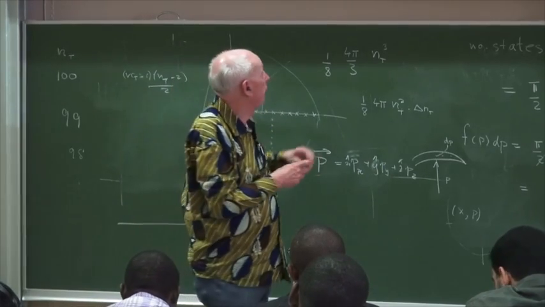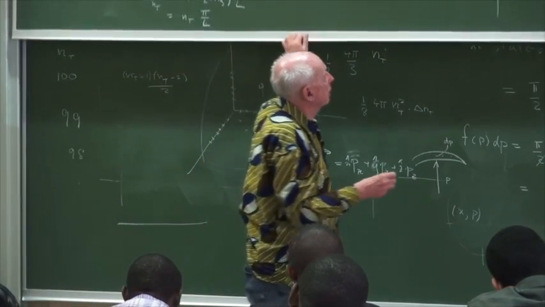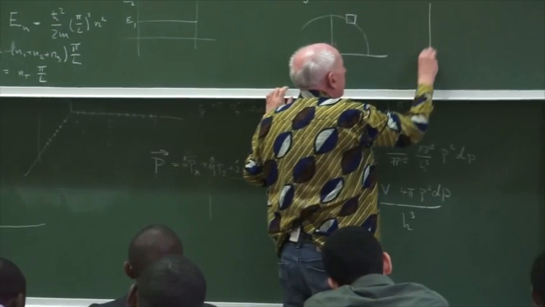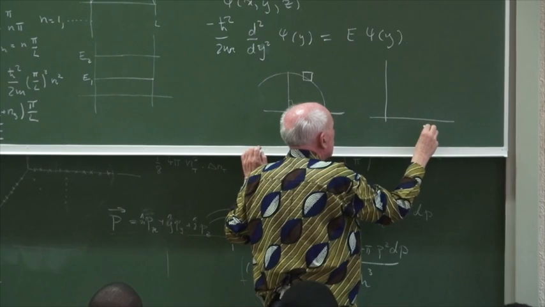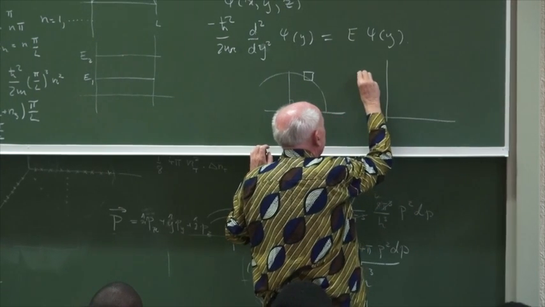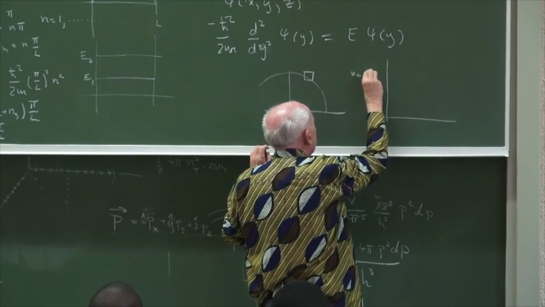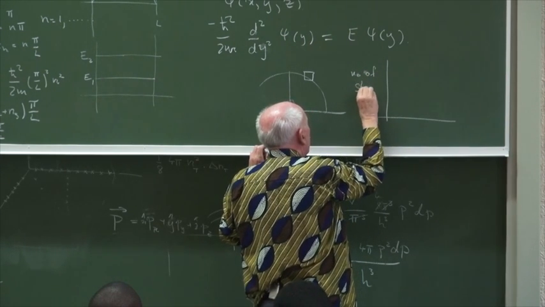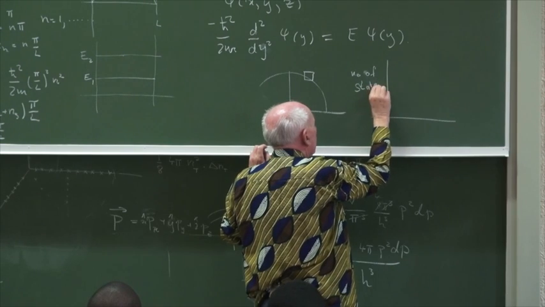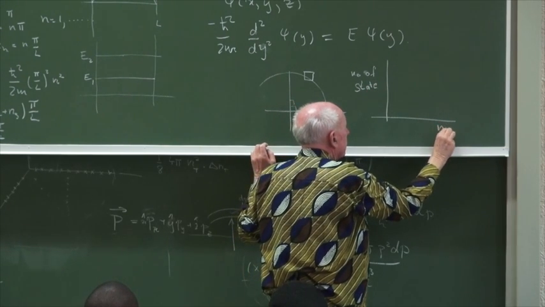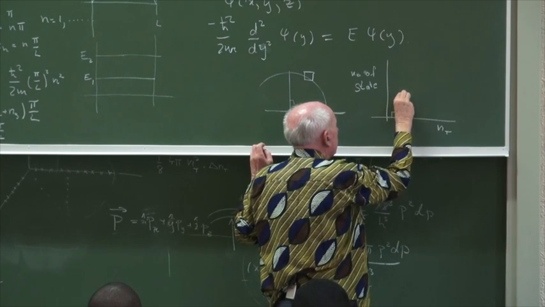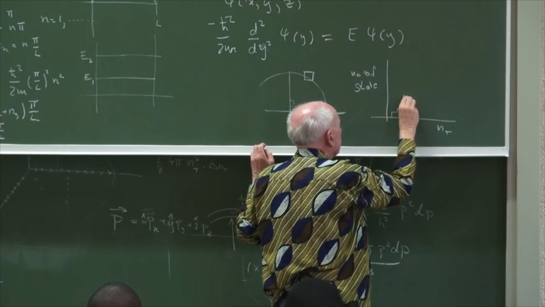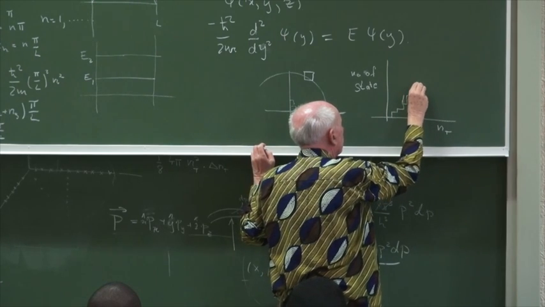And what I was saying to someone else earlier, if you look at it as a function, I plot the number of states here, and here I plot this NT. Then as I go, it'll look like this, sort of steps going up.